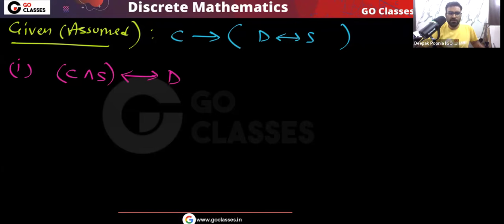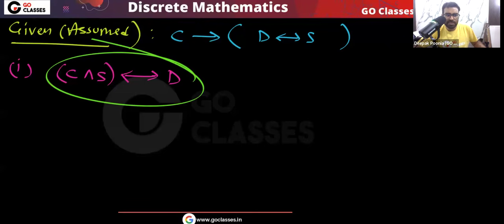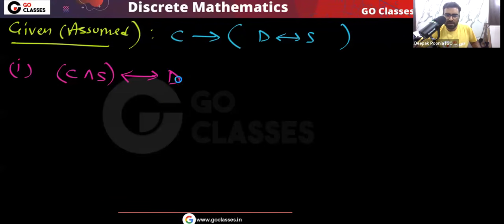Notice one thing, if you think logically, intuitively, then this does not make any sense. The given statement is making a claim about the creative people. But the first statement is making a claim about disciplined people, because we are saying that if you are disciplined, then you will automatically be creative and successful.